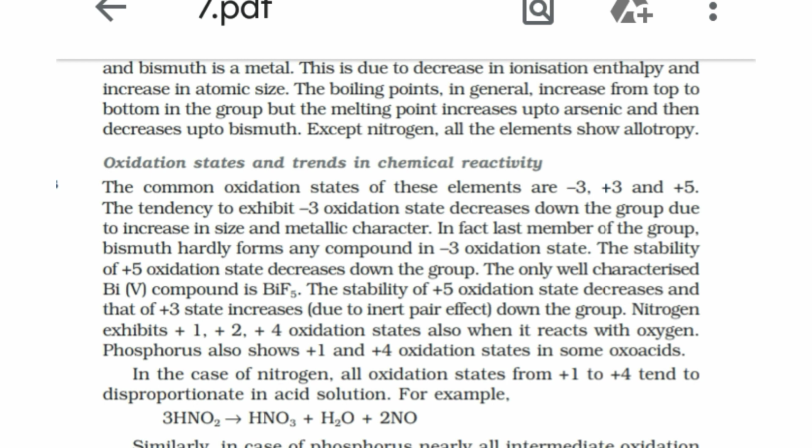Thus, nitrogen exists as a diatomic molecule with a triple bond, one sigma and two pi, between two atoms. Consequently, its bond enthalpy, 941.4 kJ per mole, is very high.